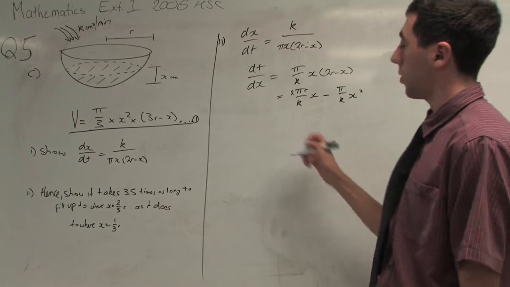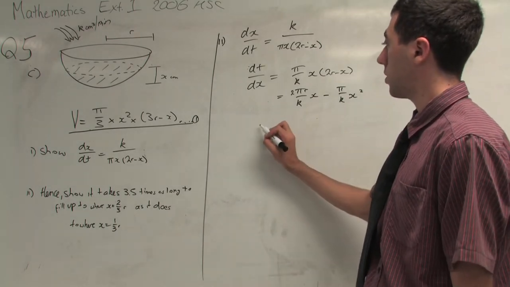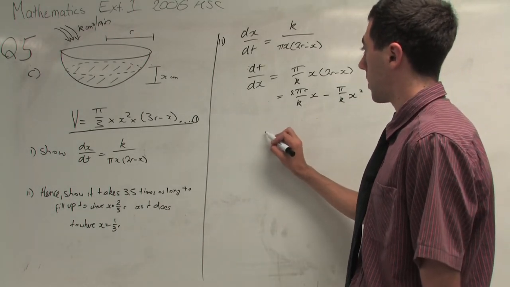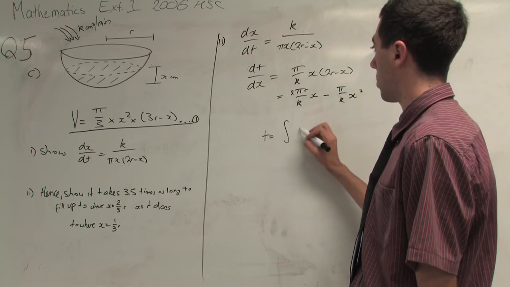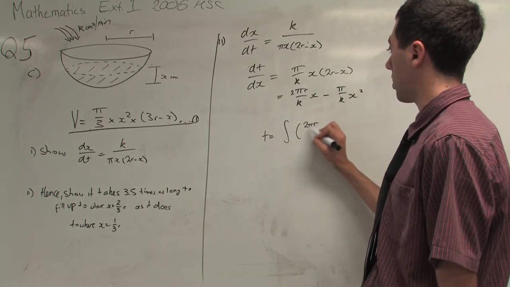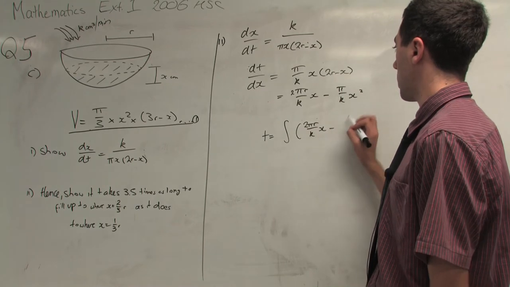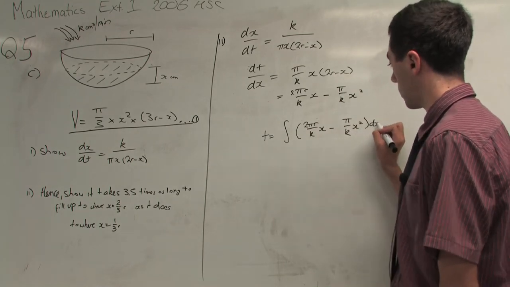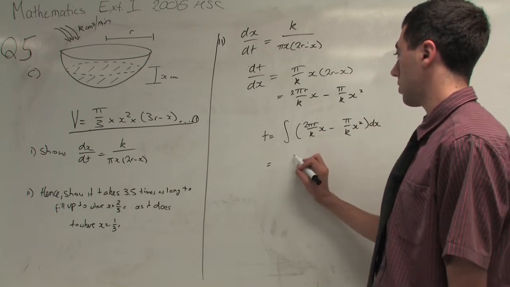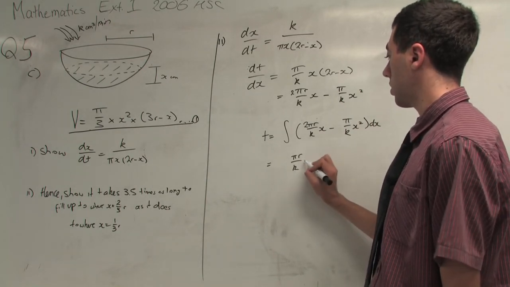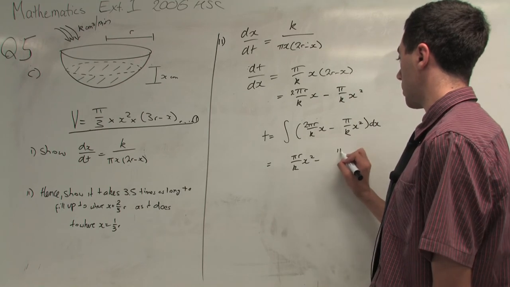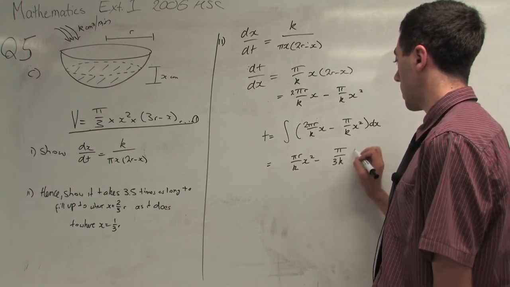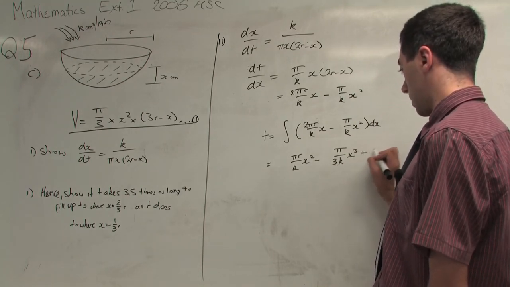Okay, so now we can integrate this easily with both sides. So we'll say that t is equal to the integral of 2 pi r over k x minus pi over k x squared dx, and that equals pi r over k x squared minus pi over 3k x cubed plus c.